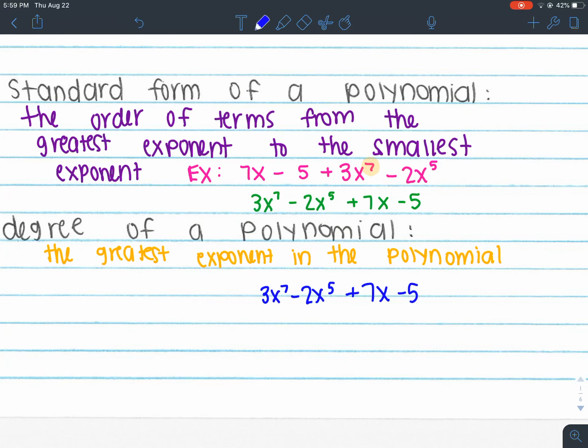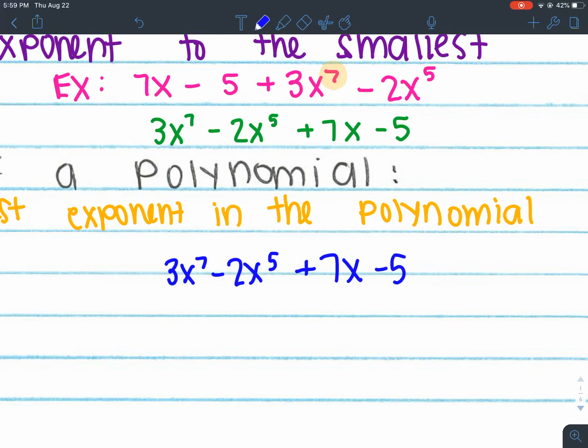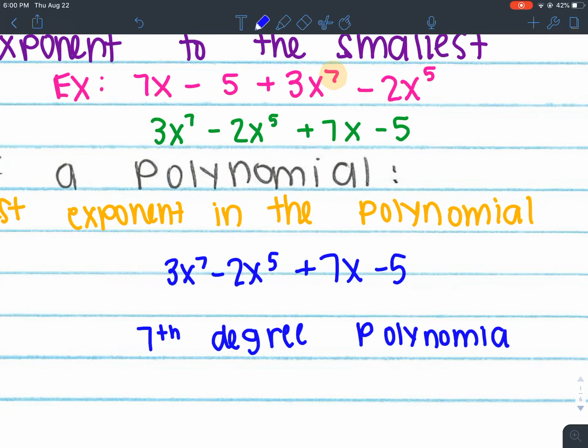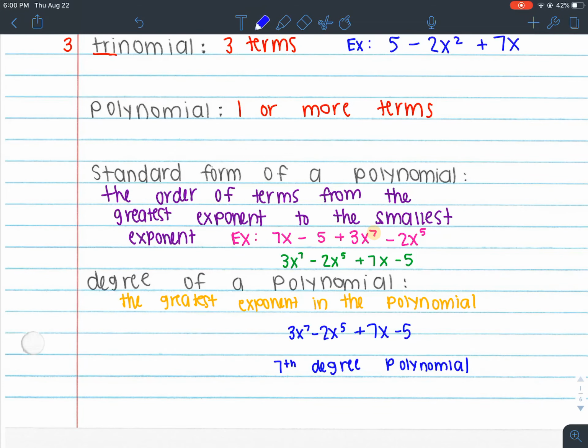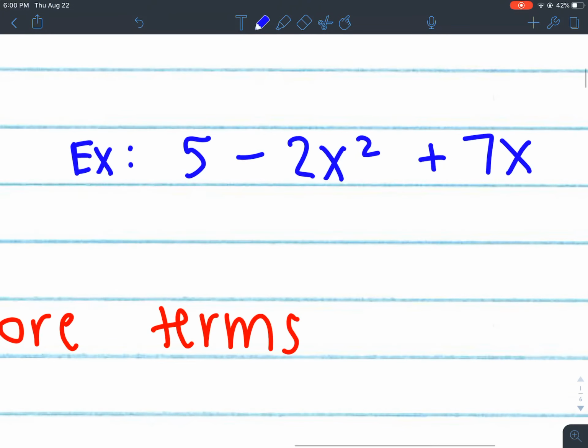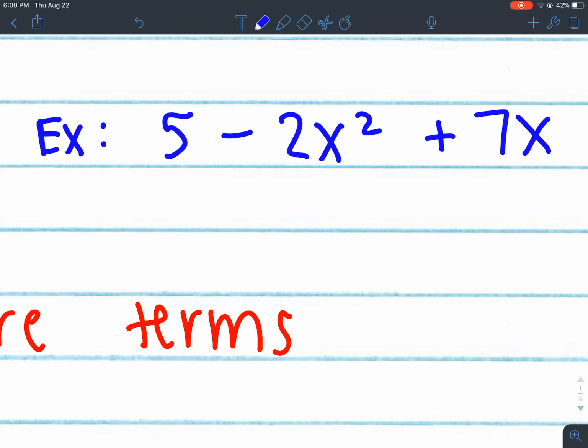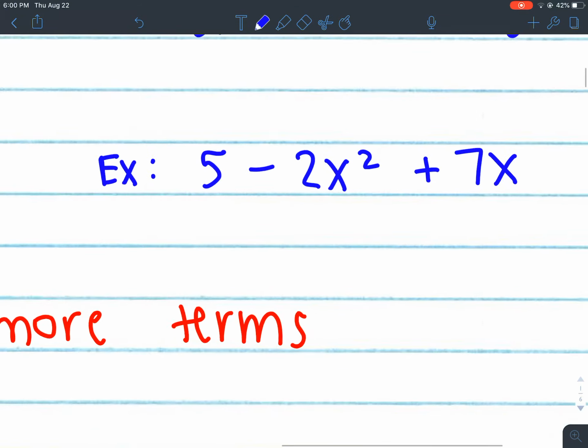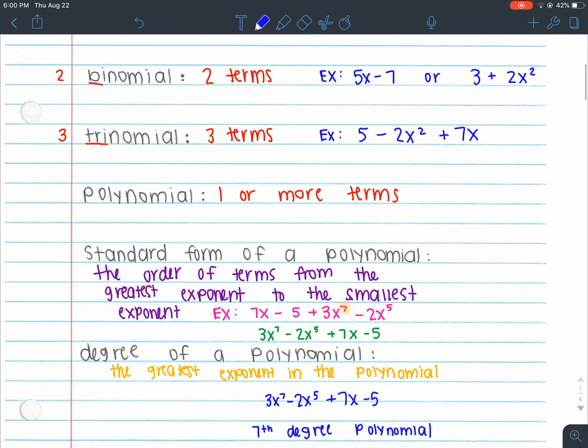The degree of this one would be a 7th degree polynomial. Okay, so that's a 7th degree because the highest exponent that you see is a 7. Whereas, like maybe this one, this is a 2nd degree because your highest exponent is a 2. That would be a 2nd degree trinomial because of the 3 terms.